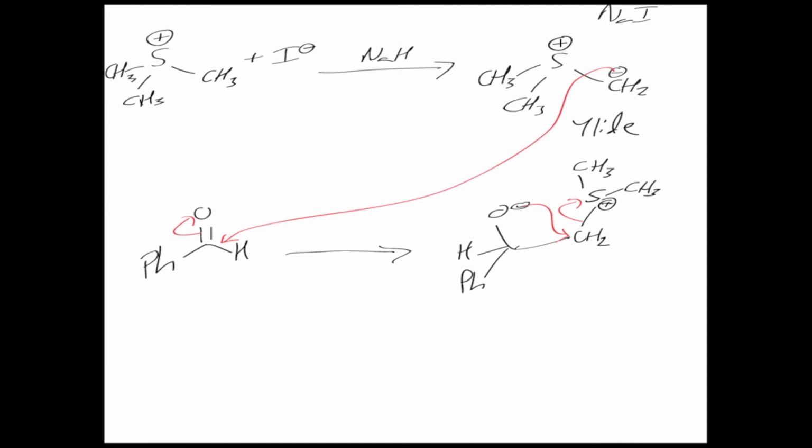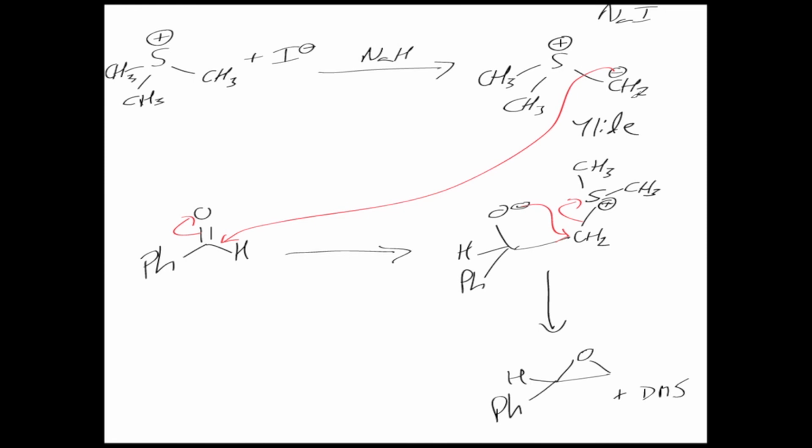So I'll just draw that. So there's the final product plus dimethyl sulfide, which obviously has the rotten cabbage smell. And these protons here are from the CH2 group there.